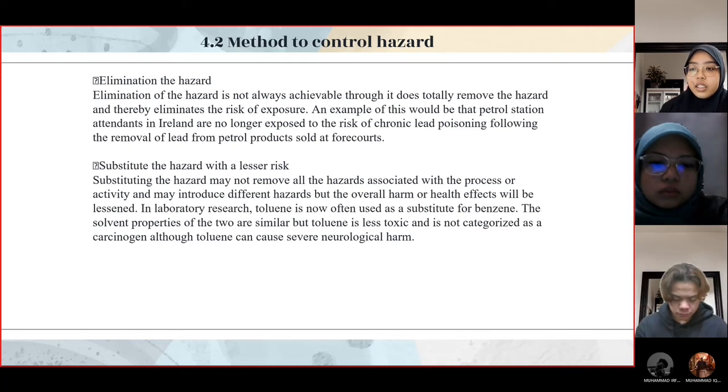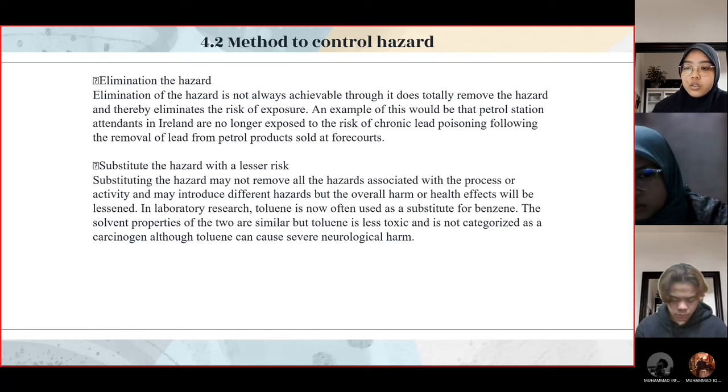In laboratory research, toluene is now often used as a substitute for resin. The solvent properties of the two are similar, but toluene is less toxic and it is not categorized as a carcinogen, although toluene can cause several neurological harm.